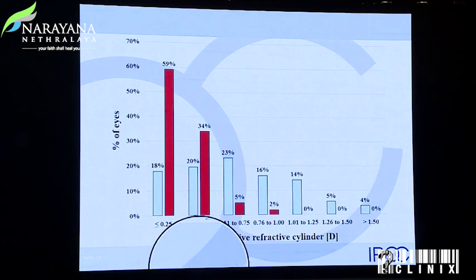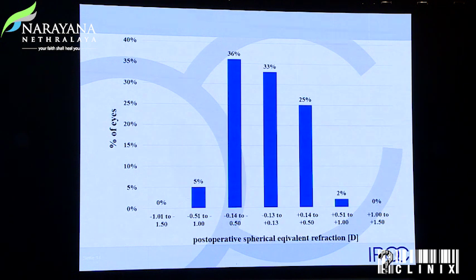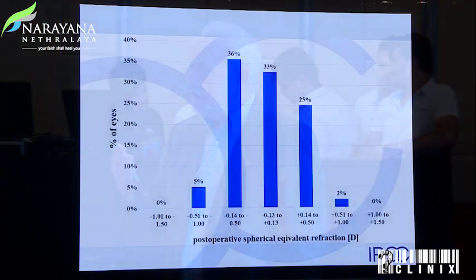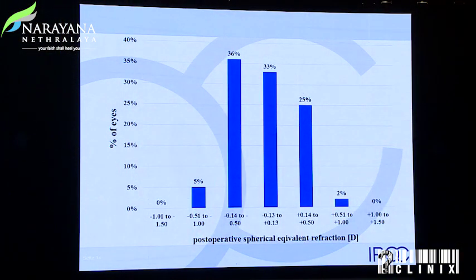The majority had less than 0.5 diopters, about 90%. Also, the sphere is pretty much okay. There is a little bit of myopia left, but this was done on purpose because the patient preferred, in the contact lens testing, a little bit of myopia in the non-dominant eye, but there's not much hyperopia anymore.